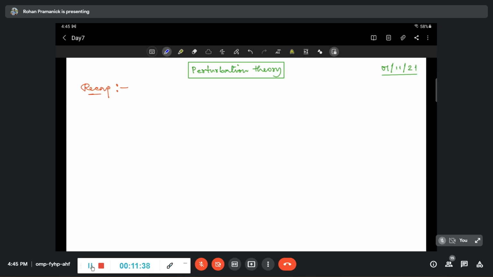Any even or odd function, if you square it, gives an even function, and eventually your integral becomes 0. So the first order correction will be 0, and you get 0 correction to energy up to first order.